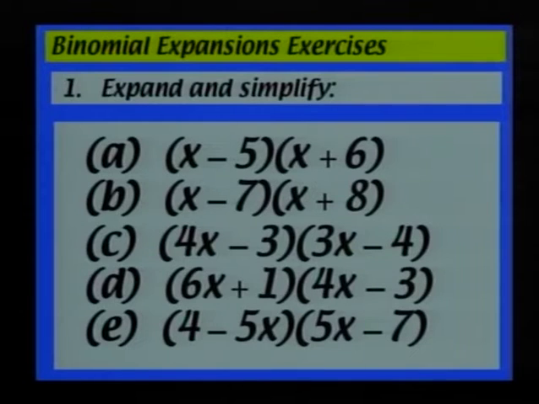Andrew. C. 12x squared minus 25x plus 12. Good. Peter. D. 24x squared minus 14x minus 3. Correct. And Gabriel. E. 55x minus 28 minus 25x squared. Okay, correct. You can have those the other way around as well, so long as the signs in front of the terms are correct. So minus 25x squared plus 55x minus 28.